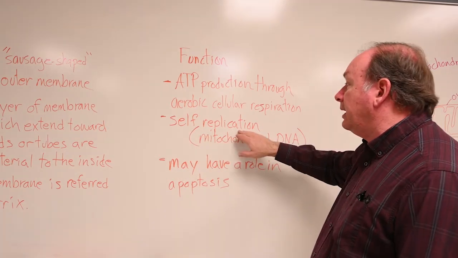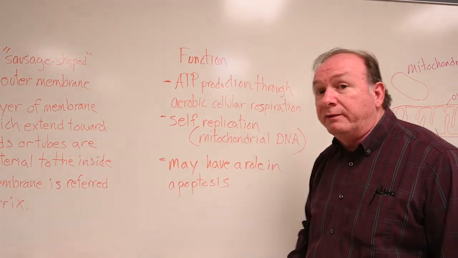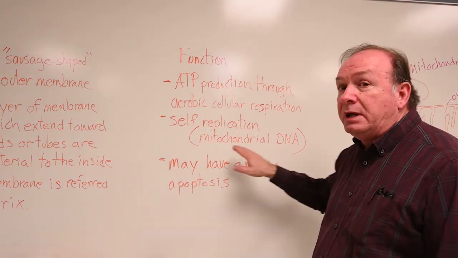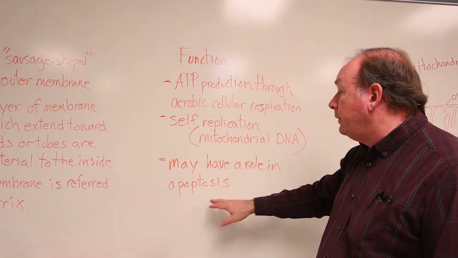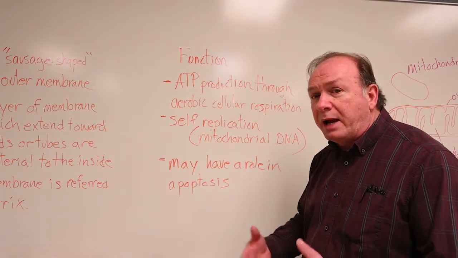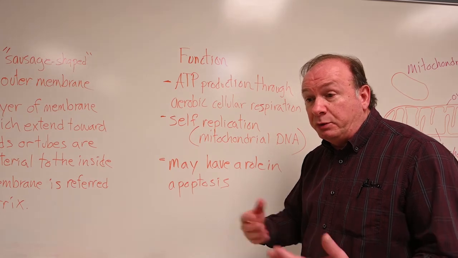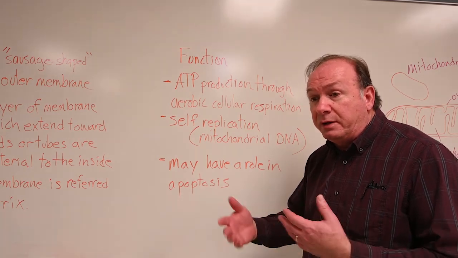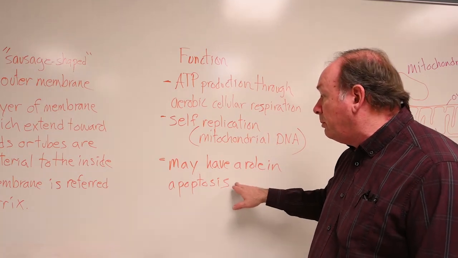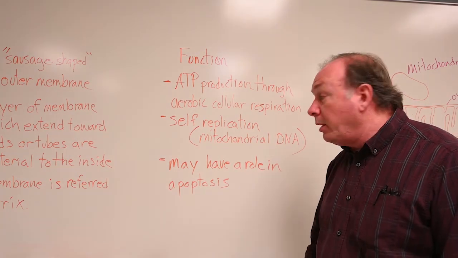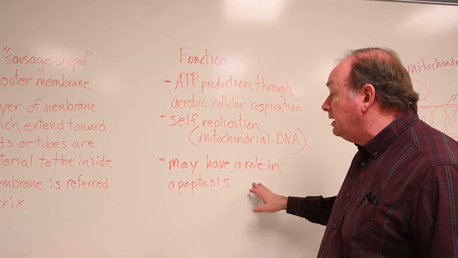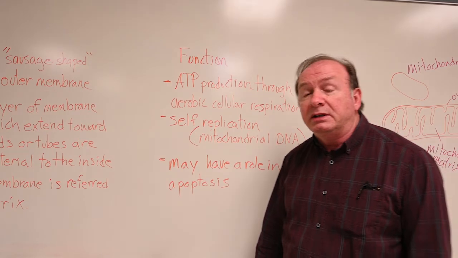They can self-replicate, so self-replication is an important function of the mitochondrion, and don't forget they have their own mitochondrial DNA in there. And they may have a role in apoptosis, which is programmed cell death. When a cell is supposed to die, when it no longer needs to be there during the developmental process or other kinds of events of growth and change in the body, that's an important part of that. The mitochondria releases enzymes that initiate cell digestion.